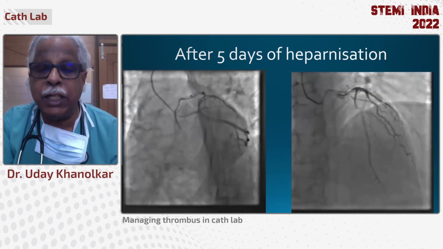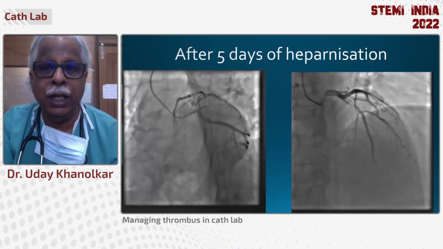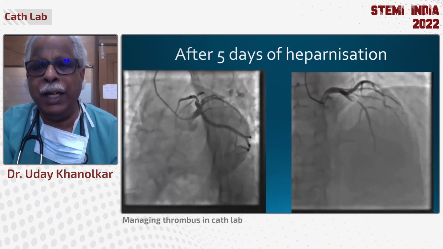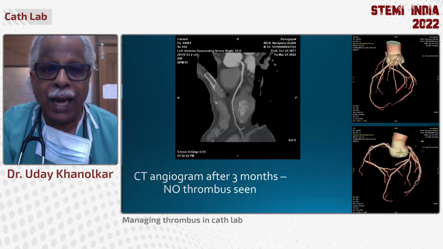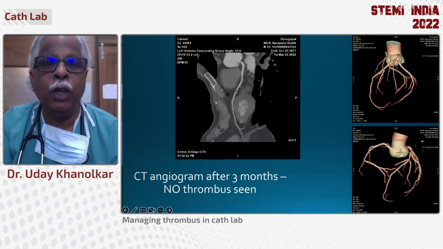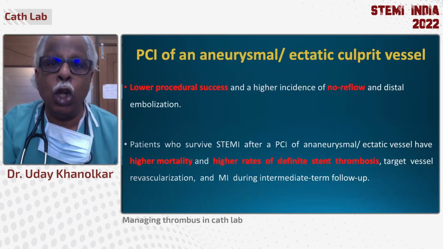Now, it is dangerous to do stenting or further balloon dilatation in this patient. So we switched from heparin to oral anticoagulation and repeated the angiography after 3 months. After 3 months, there is no residual thrombus at all in the coronary artery, and no residual stenosis also.